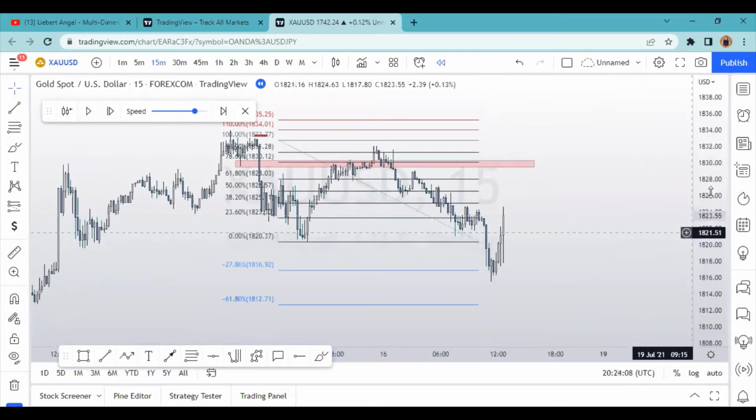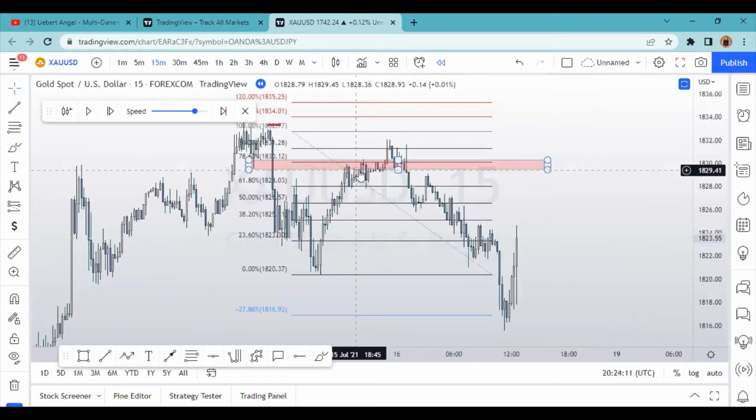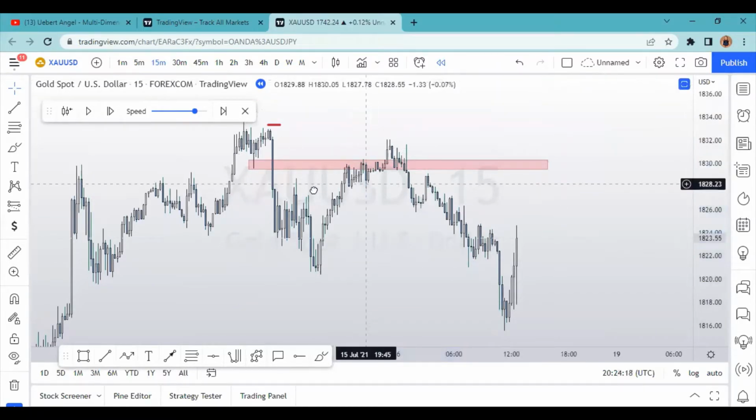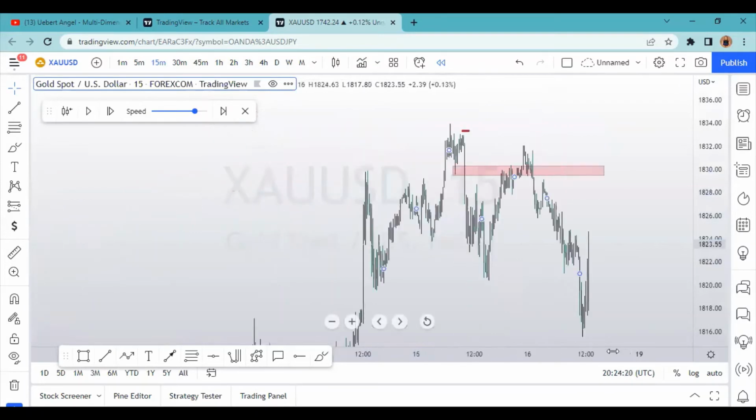That's how I get out of that market. So that's one trade. You leave the trade alone.